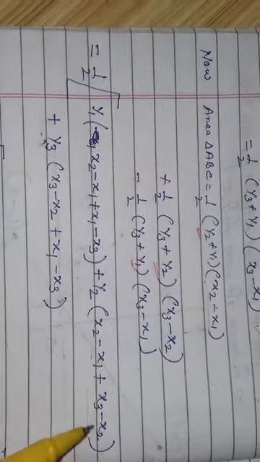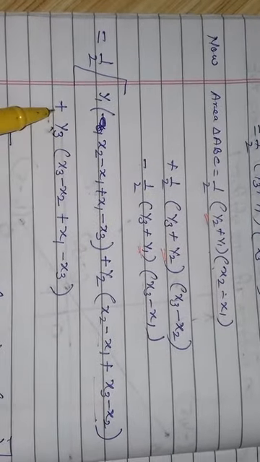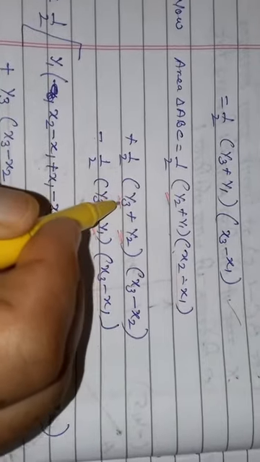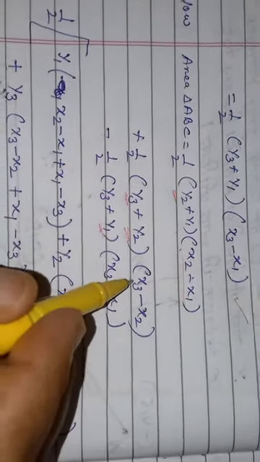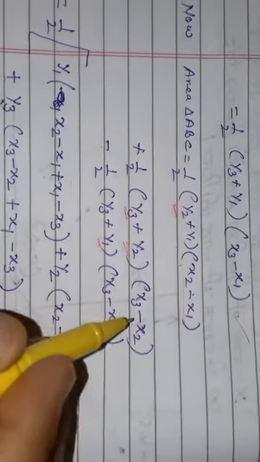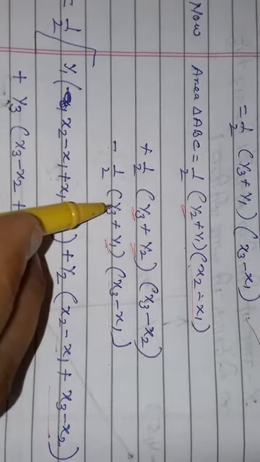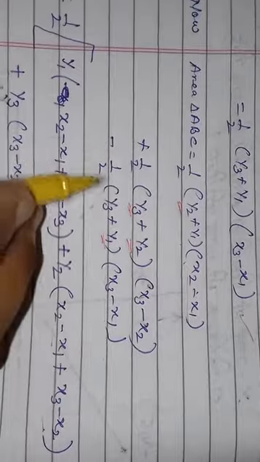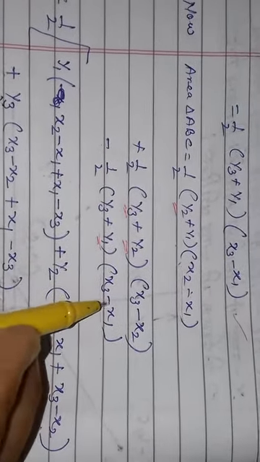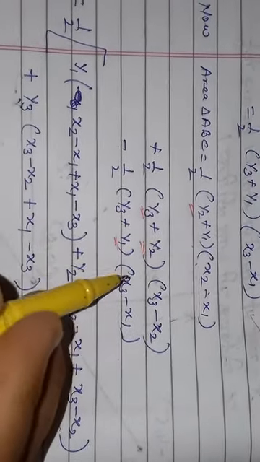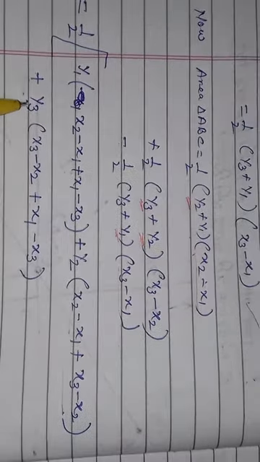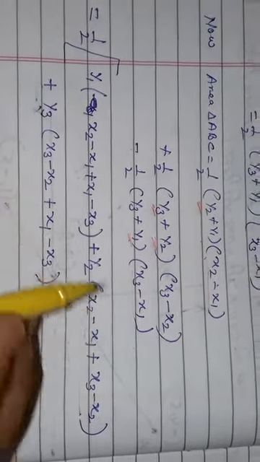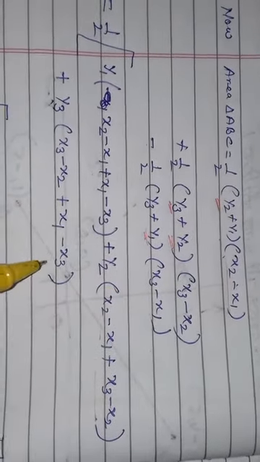Again, let us find the coefficient of y3. y3 is found here with coefficient x3 minus x2, and here with coefficient minus (x3 minus x1), which means plus x1 minus x3. So it is y3 times (x3 minus x2) plus (x1 minus x3).